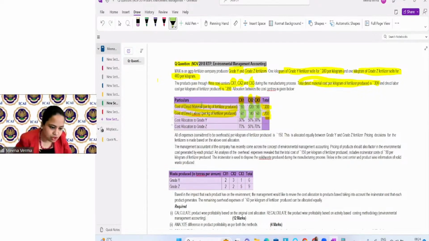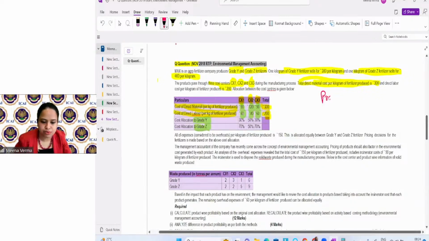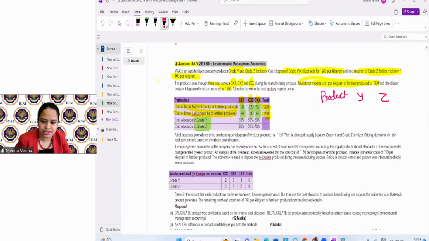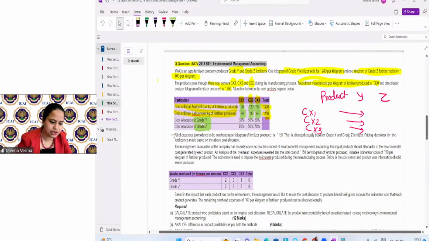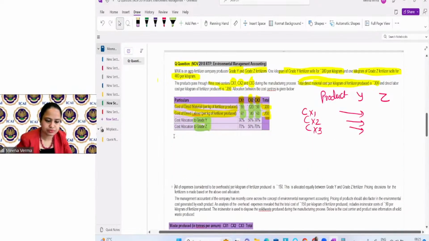What else we have? The cost allocation to grade Y and grade Z. Since here we are producing 2 products, grade Y and grade Z, and obviously we are using CX1, CX2, CX3 cost centers, the material will be used here respectively. Similarly, we are using labor.